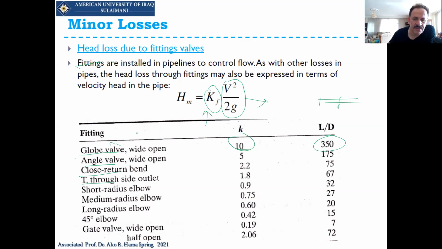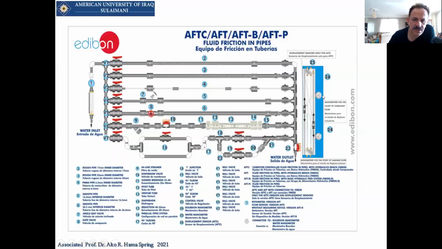Now, what does that mean? That means if I have this globe valve and I want to check the head loss after the valve and before the valve, there will be a change in the head loss. The minor head loss is equal to K times V squared over 2g.